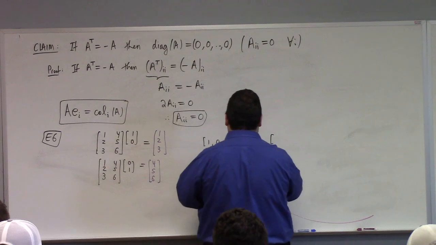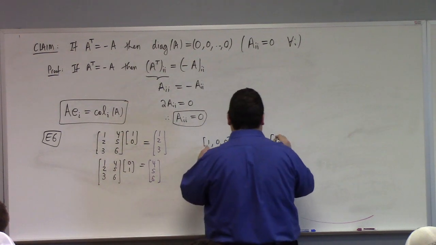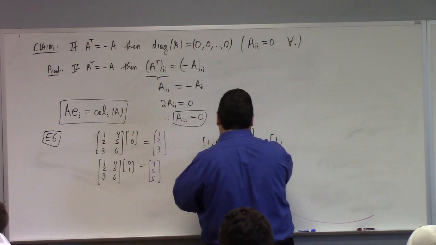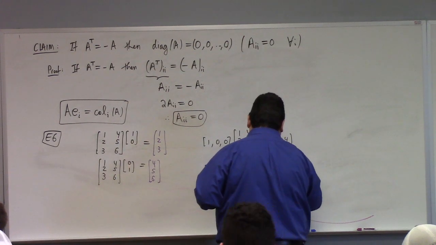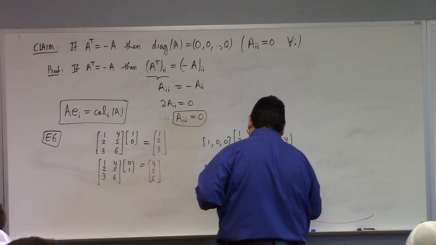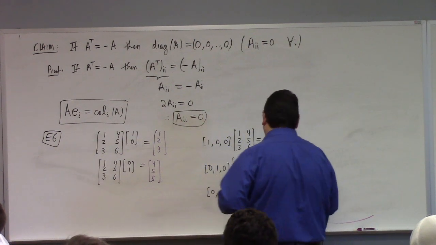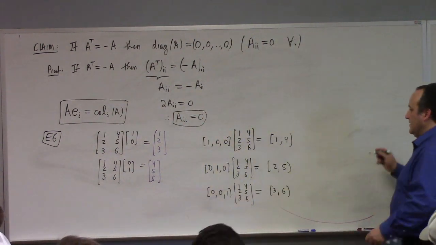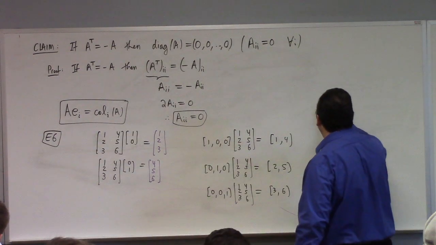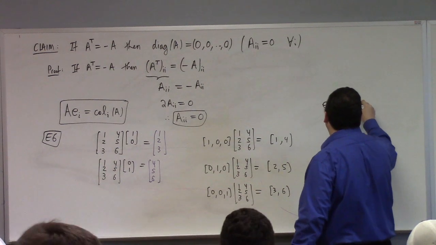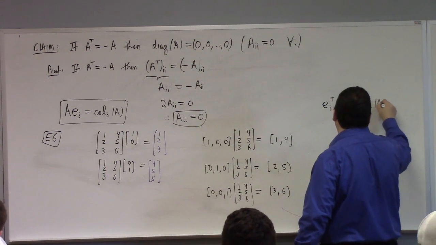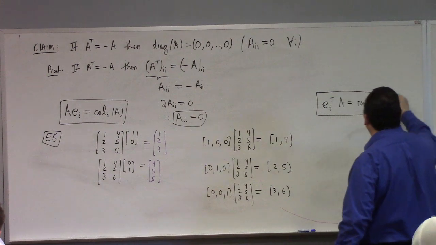This gives me 1, 4. This gives me 2, 5. This gives me 3, 6. This is not an accident. If you take e_i transpose and multiply it by A, you get row i of A. This is a general result.